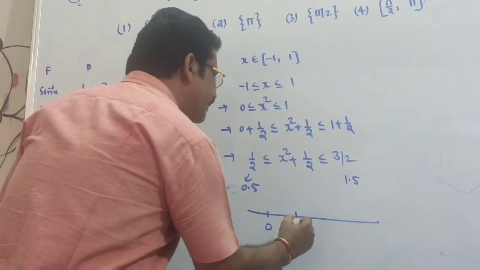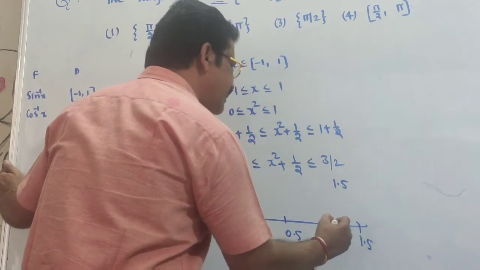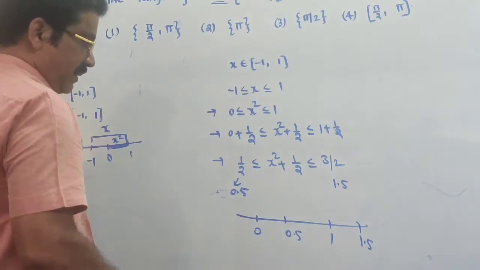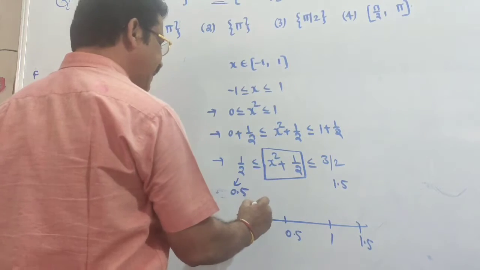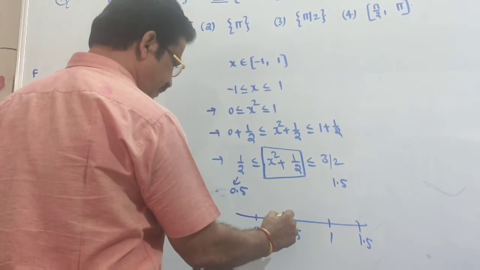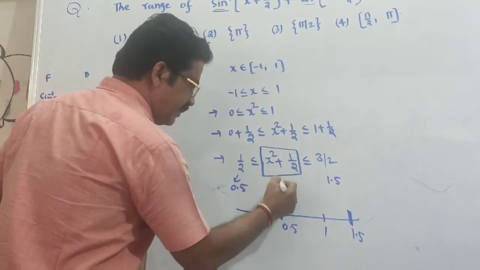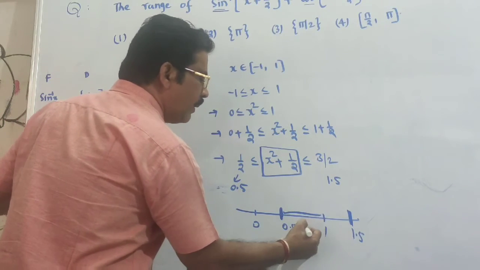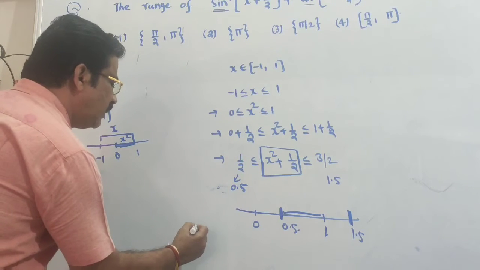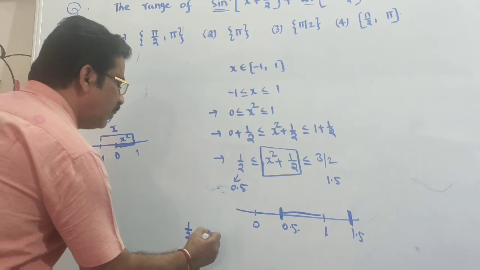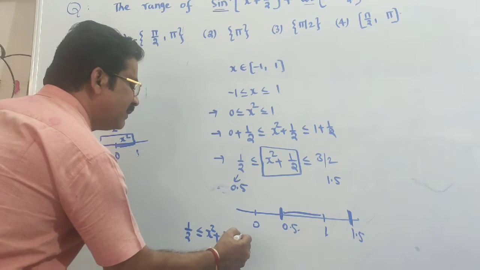This is 0, this is 0.5, this is 1.5, and this will be 1. What I am telling is that this value is in this area, from 0.5 to 1.5. So what about its box value in this area? Because it is less than 1, for 1 by 2 less than or equal to x square plus 1 by 2 less than 1.